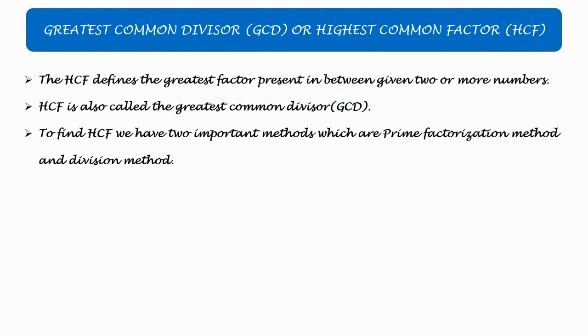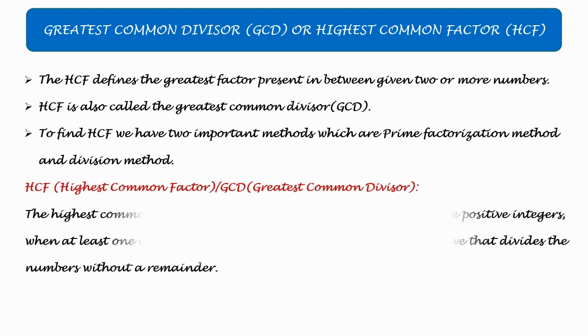Students, let us see what is the greatest common divisor, GCD, or we can call it the highest common factor, HCF. The HCF defines the greatest factor present between given two or more numbers. HCF is also called the greatest common divisor, that is GCD. To find the HCF, we have two important methods: the prime factorization method and the division method.